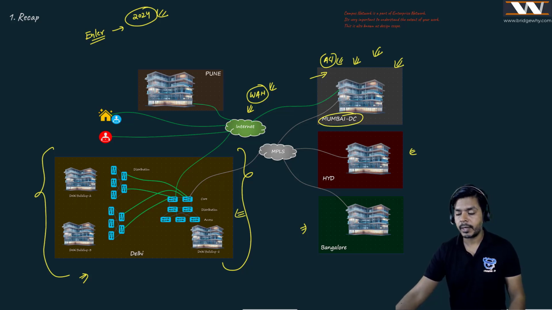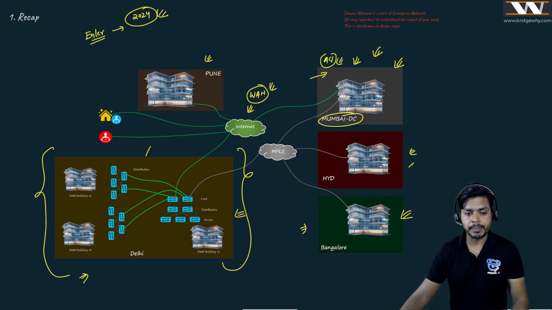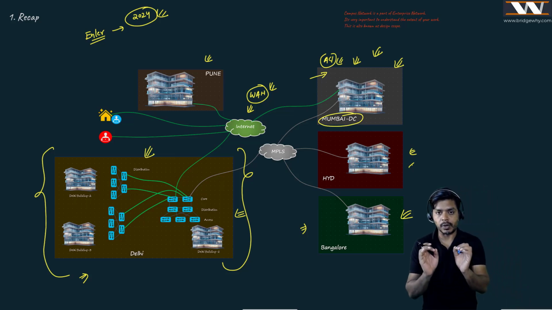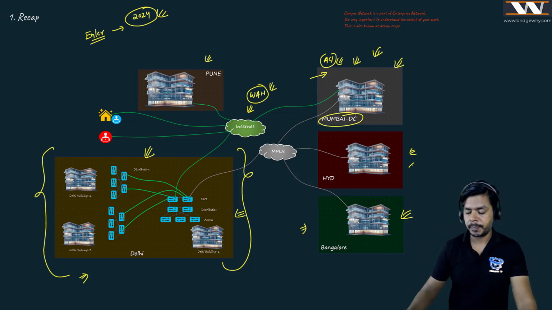Because if you consider the Bangalore branch, there are a number of employees. We need to create or design a network for them, for Hyderabad also, for Pune also. Not for the Mumbai, because in Mumbai we are running a data center. There is a huge campus in Delhi because we have more than one building. So in the last class, we discussed all these things step by step.